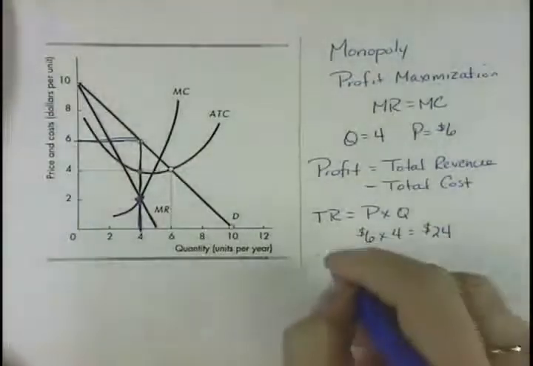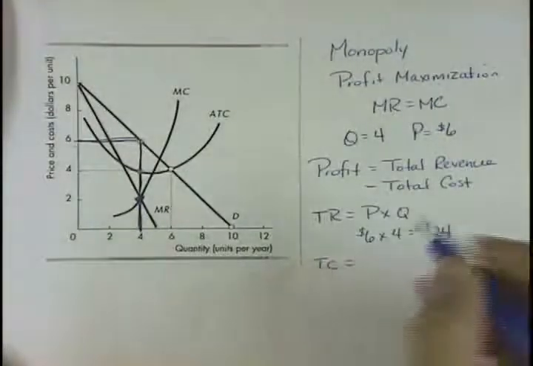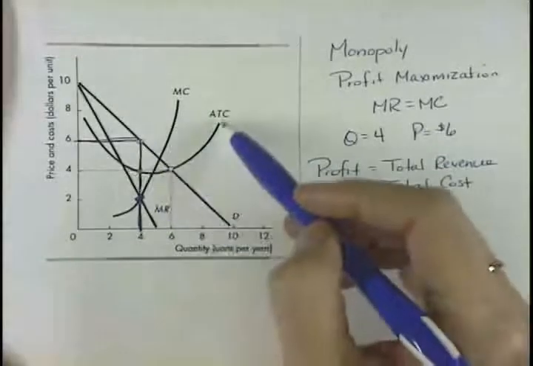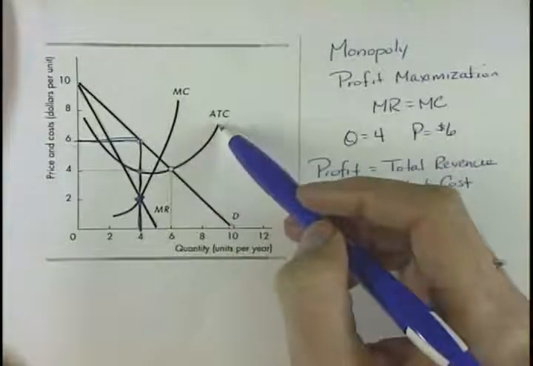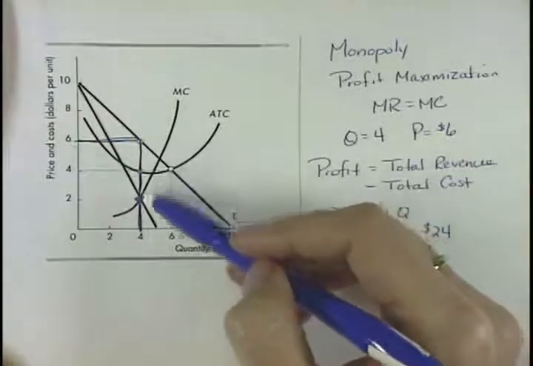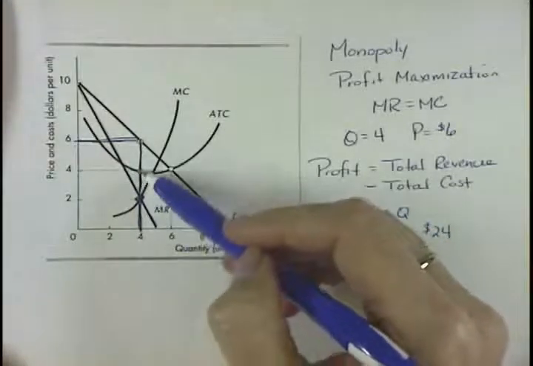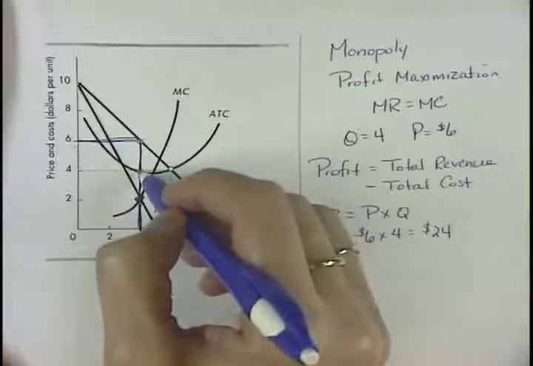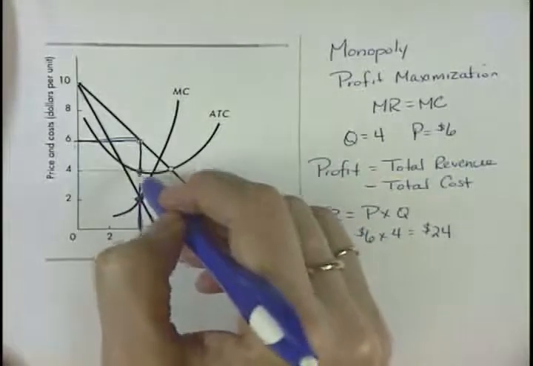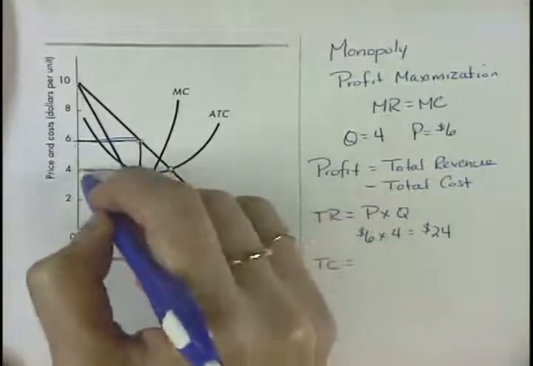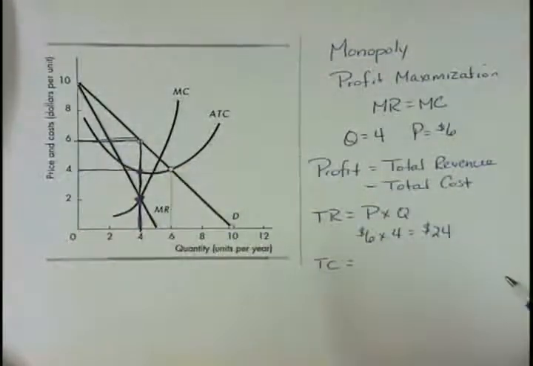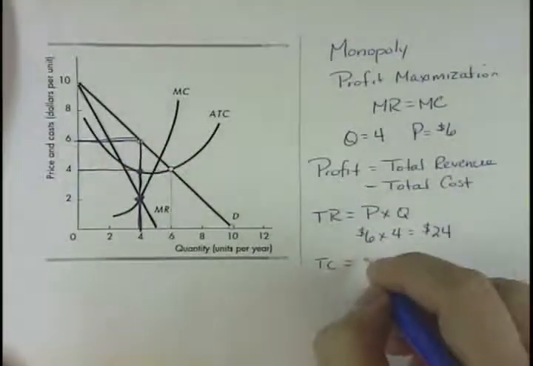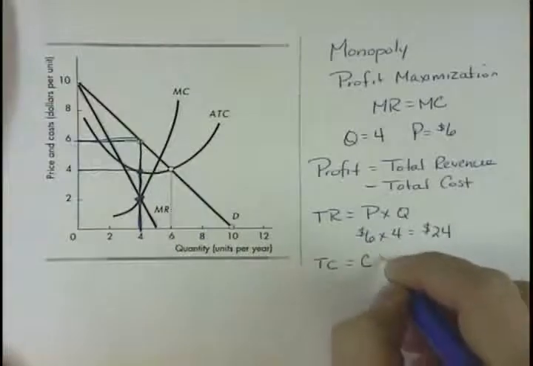But now we have to figure out our total cost. Remember, our average total cost curve tells us how much it costs per unit at every given level. So at 4 units, we find that ATC curve. Right here, if we're producing 4, each unit costs me $4 to produce. So now it's the cost times the quantity.